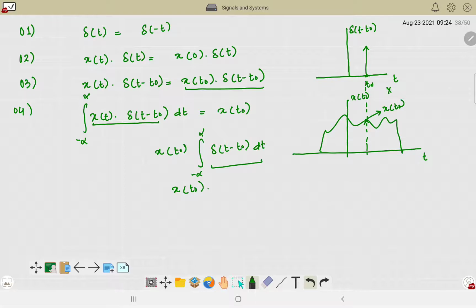Then there is another one, which we will probably discuss when we discuss the systems: if you have any arbitrary signal x of t, it can always be expressed in terms of the impulse function. Right? So x of t is any arbitrary signal, tau is a dummy variable, it represents time.